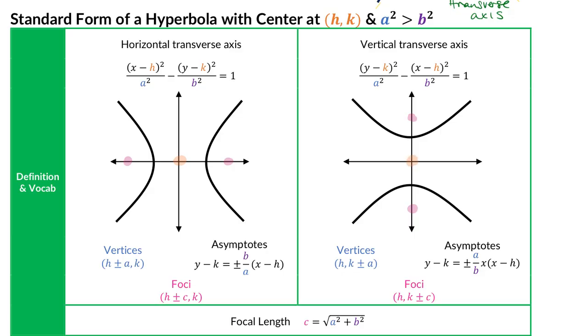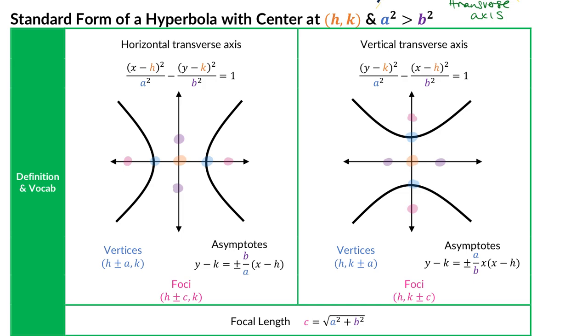We have the vertices that are blue. But we have a b value that we hadn't used. The b value was purple for the ellipse, so it's purple for the hyperbola, and it goes on the opposite axes, not touching the graph at all.